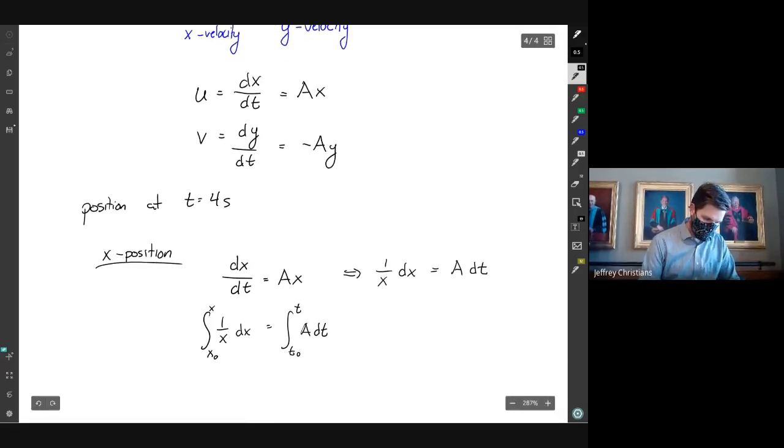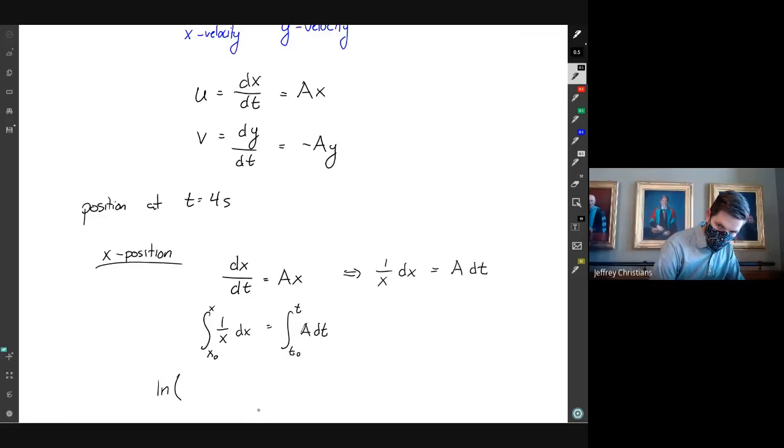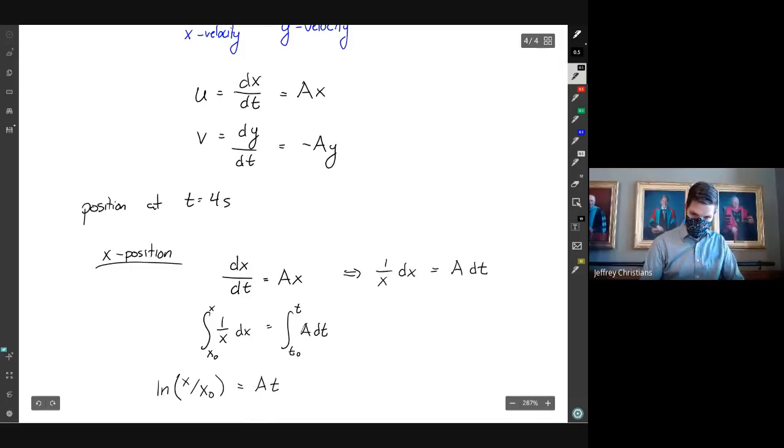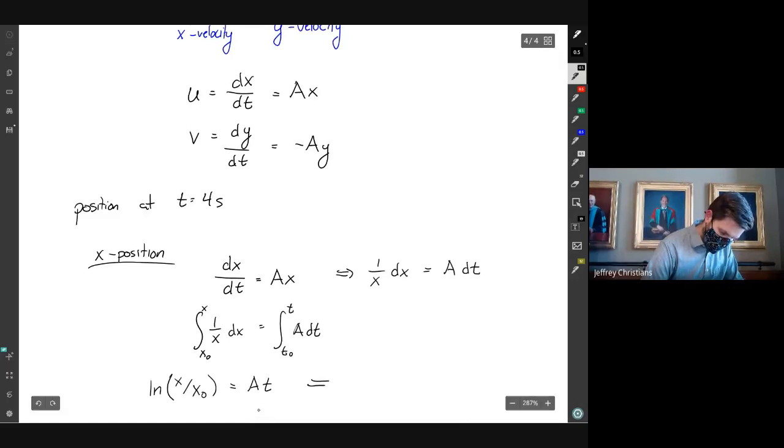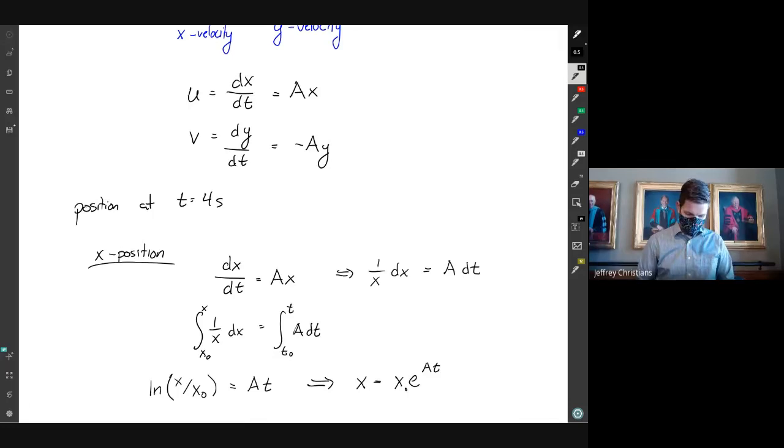So this gives us the natural log of x divided by x0 equals a t. And then we can solve for x, which is equal to x naught e to the a t. Okay, if we just do some rearranging.